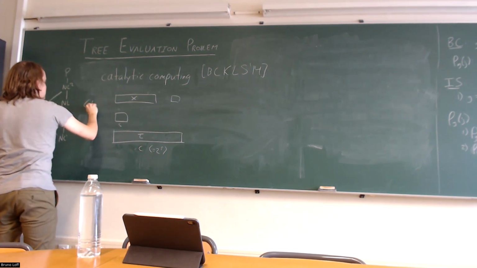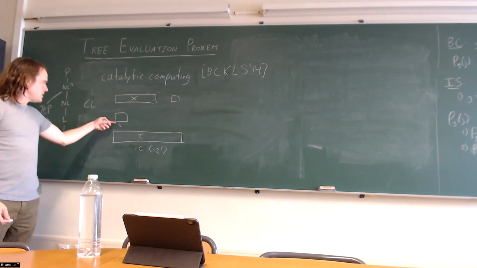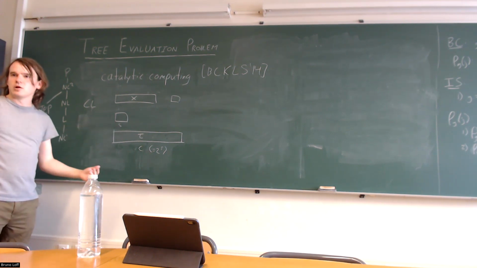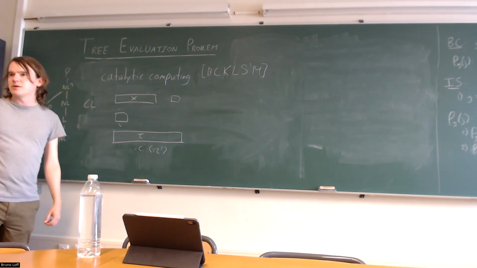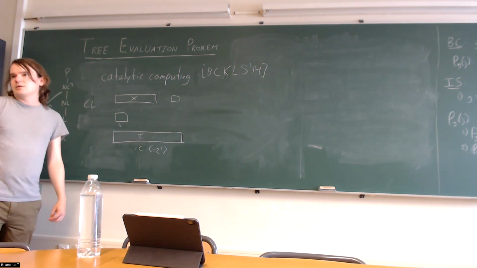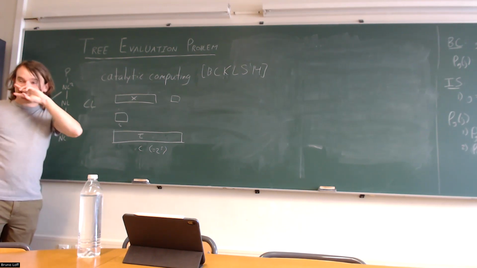So catalytic log space. Catalytic log space is the case where I set my work tape to be log space, like a log space machine, and I'm going to give you access to a polynomial-size catalytic tape. And so the question is, is CL any more powerful than L? Can it do anything that L can't?